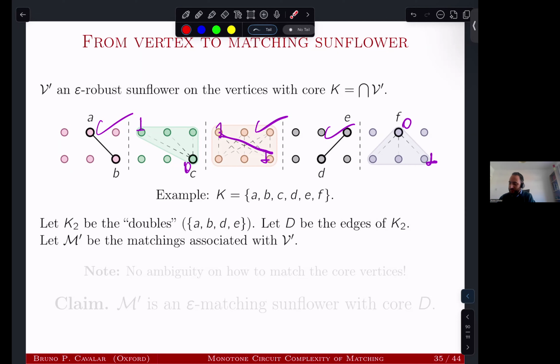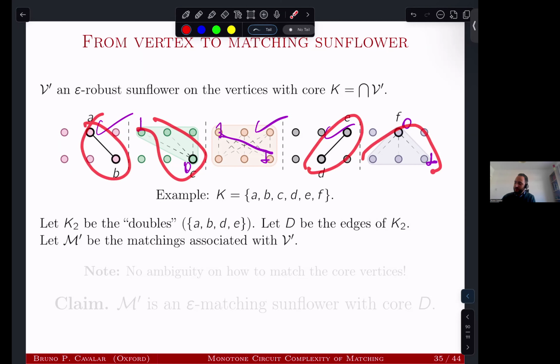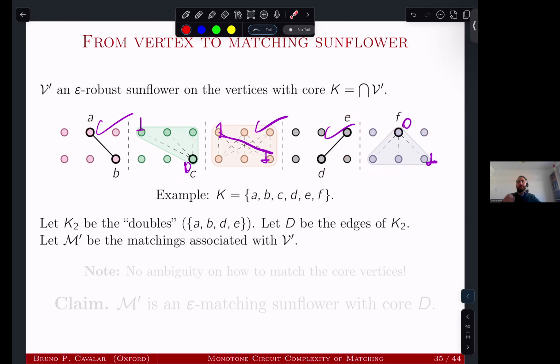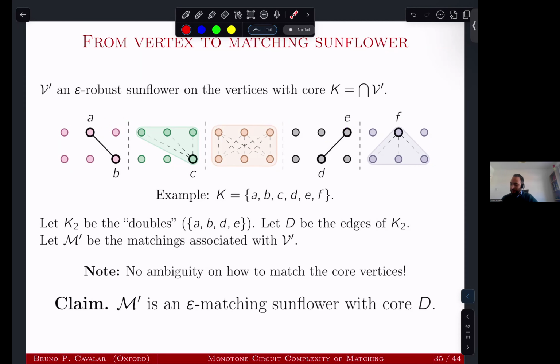You take all of those that form doubles, put them in your matching core, and when you have to satisfy these guys, you just do some trick of flipping the colors, and everything is going to work fine. At least this is the claim. This is how the strategy goes.